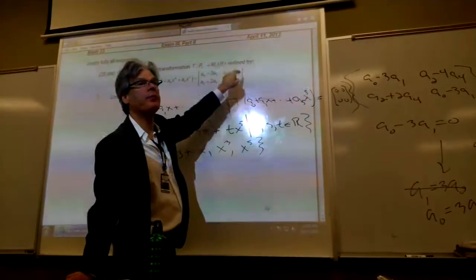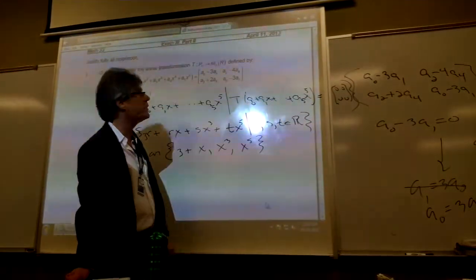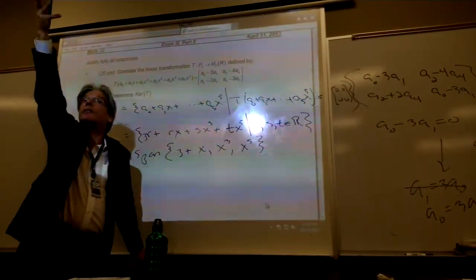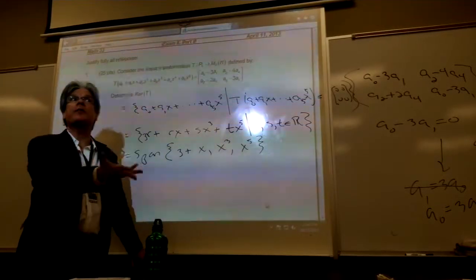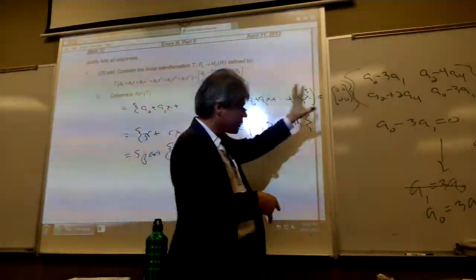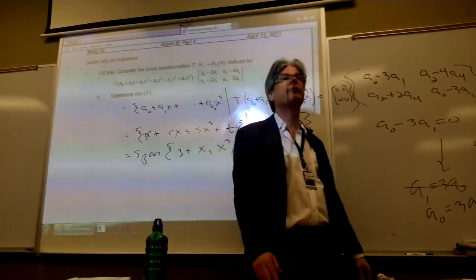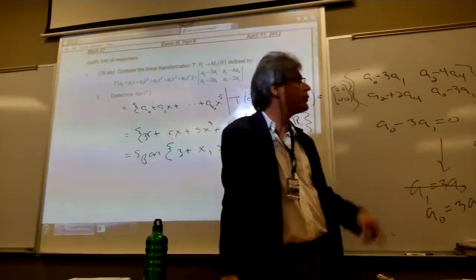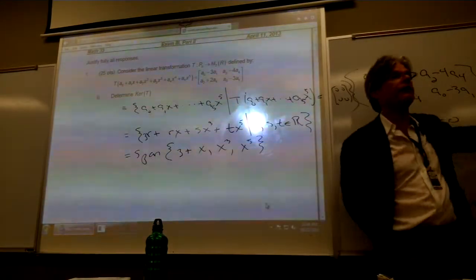This transformation's output is only described in terms of things other than A sub 3 and A sub 5. So they range freely over the reals, and they still get transformed to the 0 vector. You don't even see them. Their values are completely irrelevant in terms of generating that piece of the second vector space.